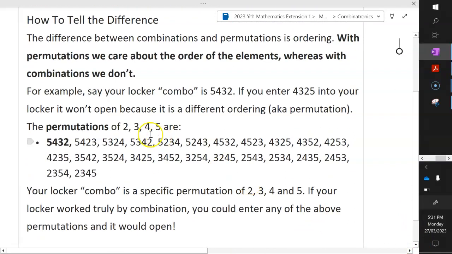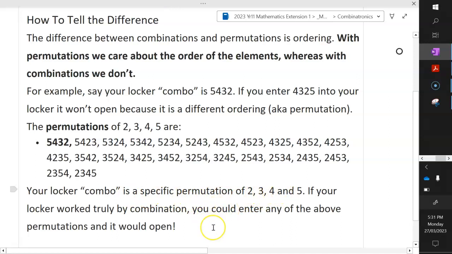So the permutations of 2345 are all of these numbers below down here. So when you say you have a locker combination, you actually don't. You have a locker permutation, one of these values of 4 digits that are listed below. Your locker combination would be different. It's a specific permutation of 2, 3, 4, and 5.